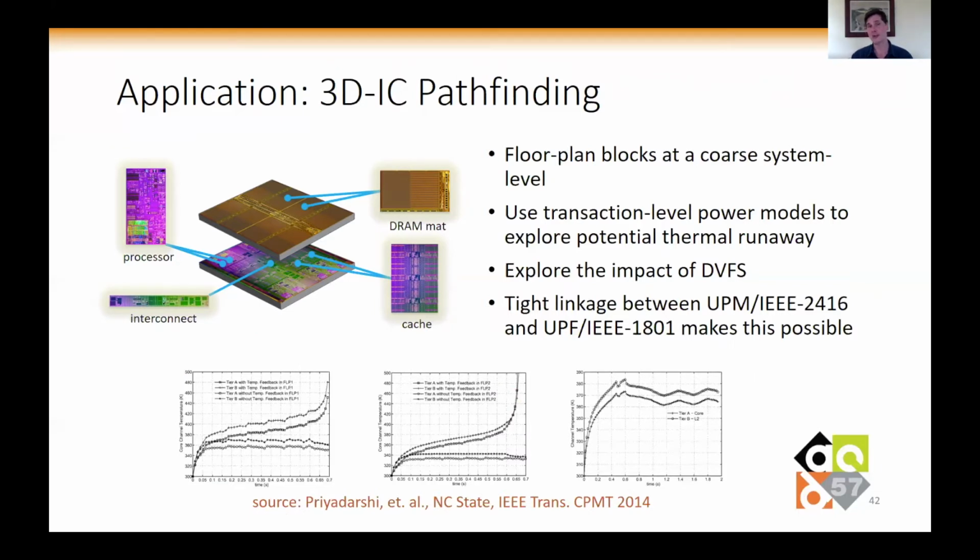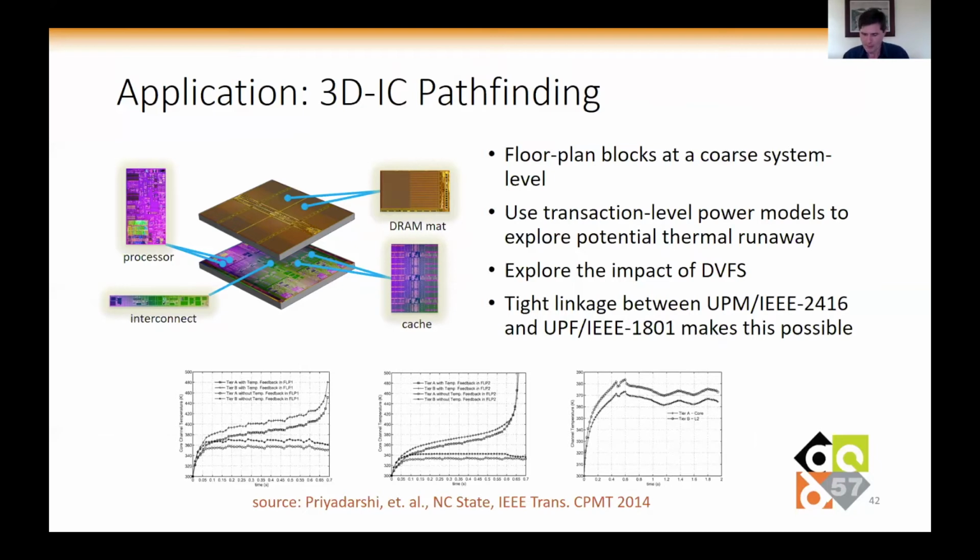And we found, as kind of shown in these first two images here, how much faster we were reaching thermal runaway if we chose to floor plan cores on top of each other rather than distributed in the stack. We also, as shown in this third plot over here, were able to explore the impact of throttling the processor to be slower once we started approaching thermal runaway.